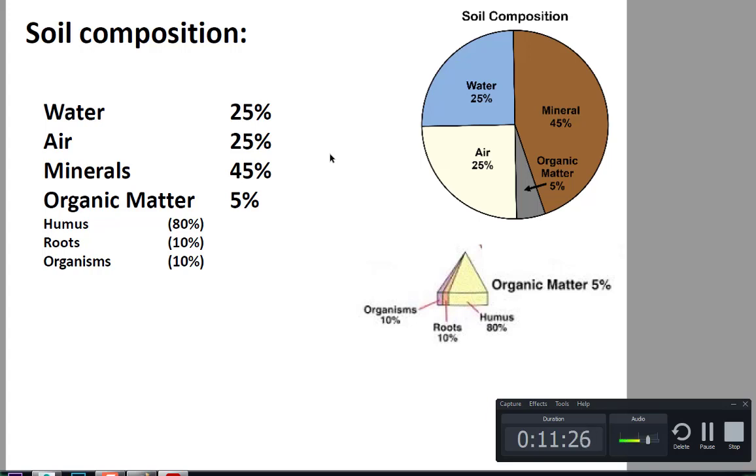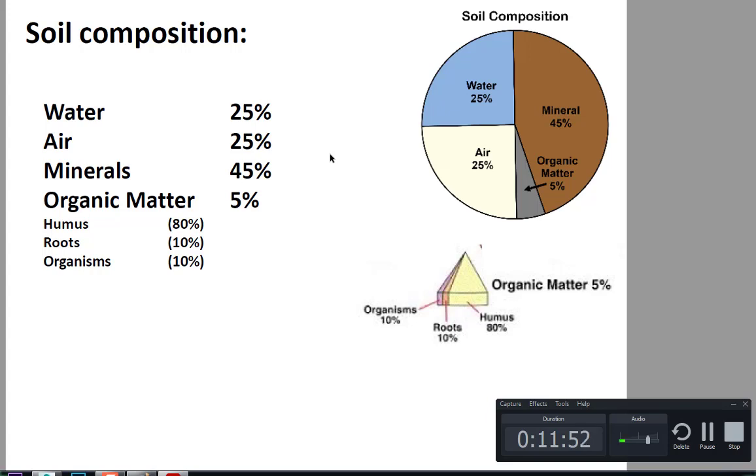In the organic matter, you can see the organic matter is a composition of three things: humus, roots and organisms. Out of the 5% organic matter, the composition is 80% humus, roots are 10%, and the presence of organisms is about 10%.